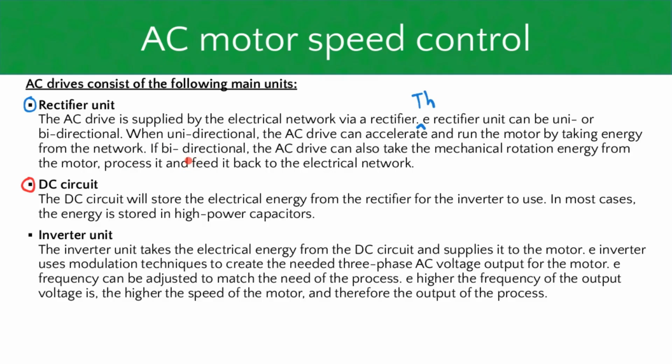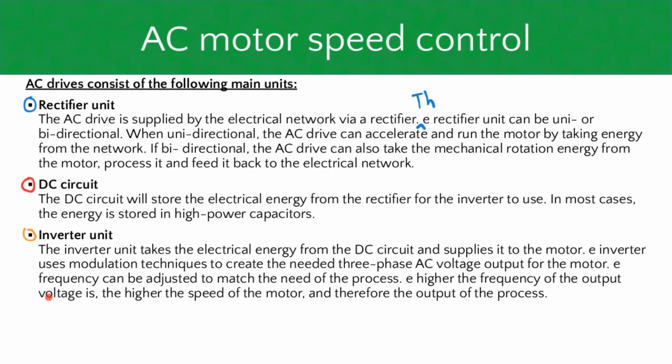So you have a smooth DC input to your inverter, and your inverter will then typically take that DC power and output it at a frequency that's different from your supply frequency. Typically you would want to increase the frequency, and this inverter unit is going to allow you to do that.